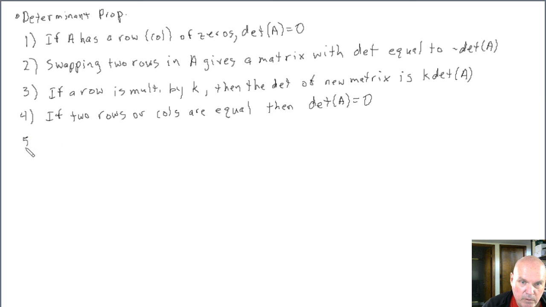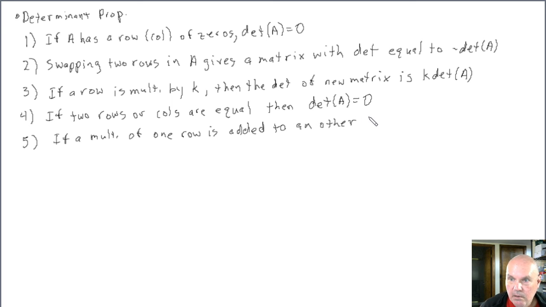And then the last one goes back to another elementary row operation. If a multiple of one row is added to another, the determinant is unchanged.